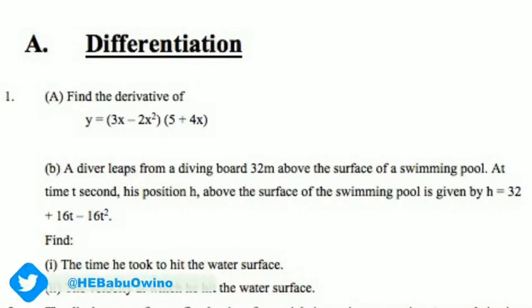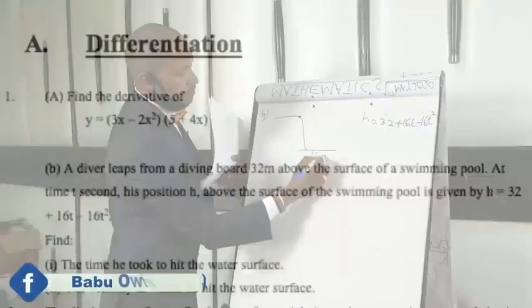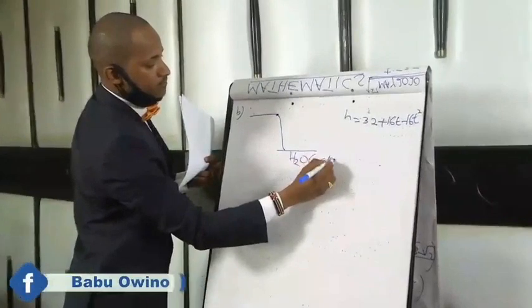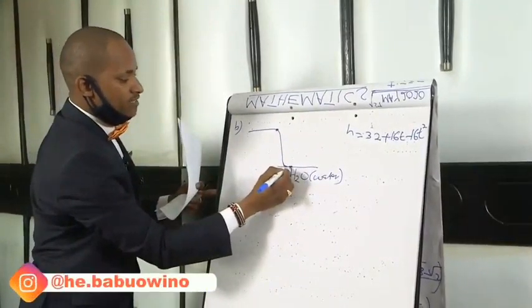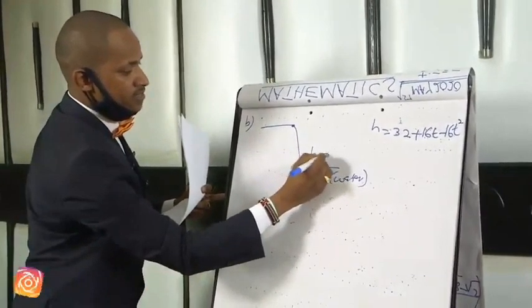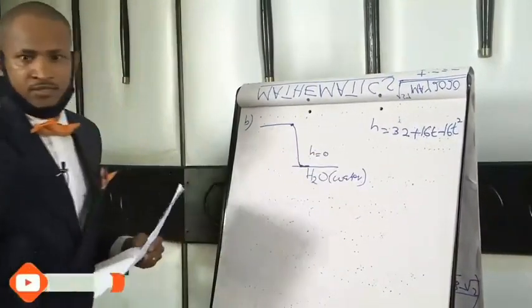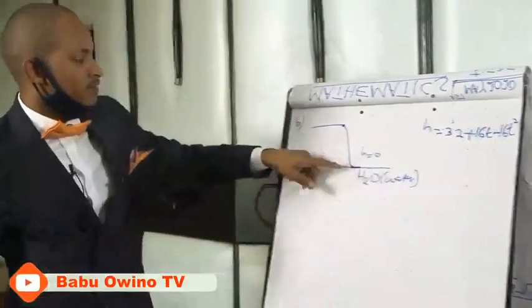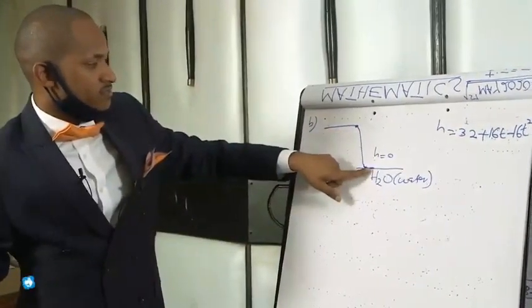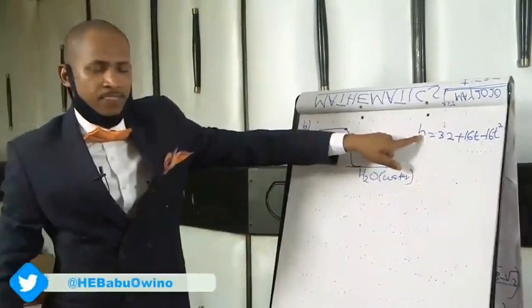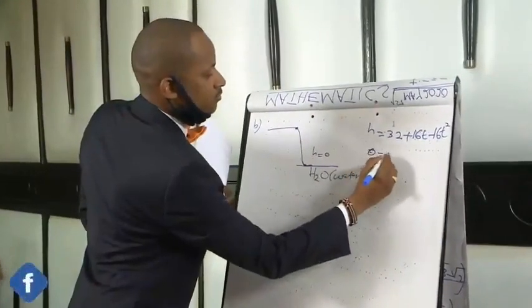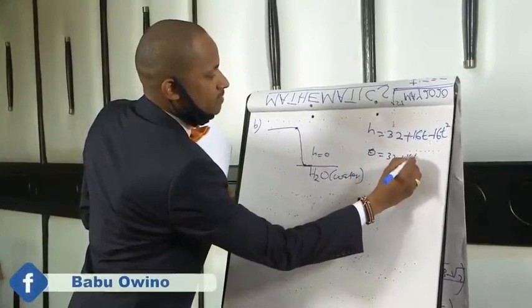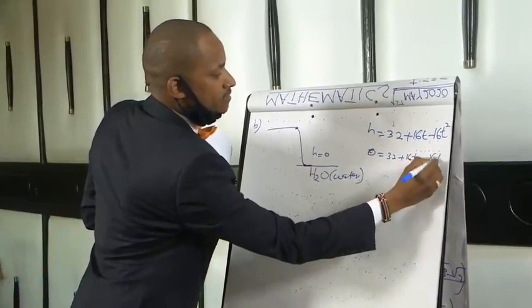So when the diver dives from here and hits the water surface, at the water surface, height is 0. Therefore, if they want the time taken for the diver to hit the water surface, we replace the height with 0. So here is 0 equals 32 plus 16t minus 16t squared.